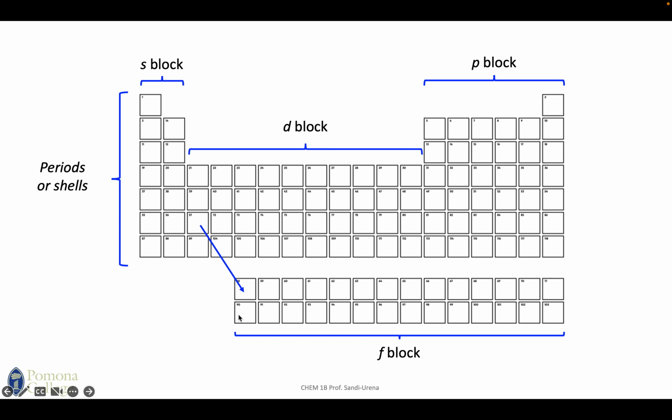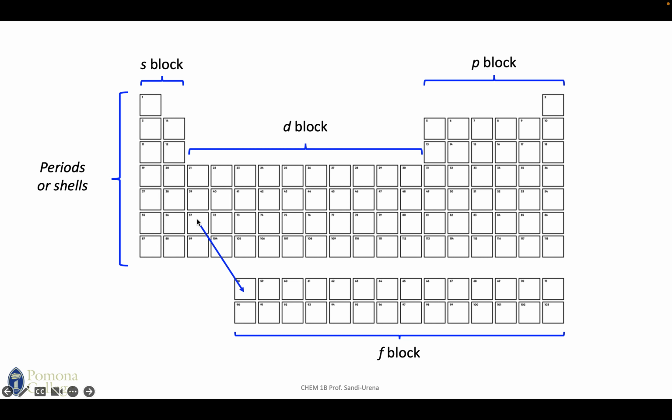Here we have a jump. If you look at this element, it is number 57. After 57, instead of moving one to the right, it goes down to this series here in the F block.